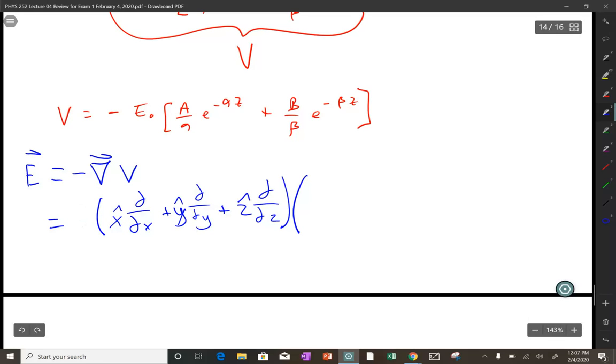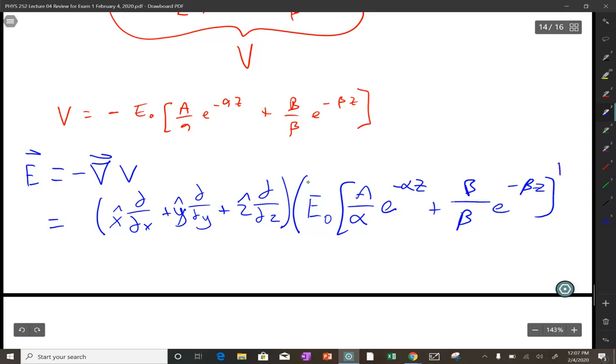This is a negative, and you're taking the negative side out. A alpha e to the negative alpha z, d over beta e to the negative beta z. Okay, so there's that.